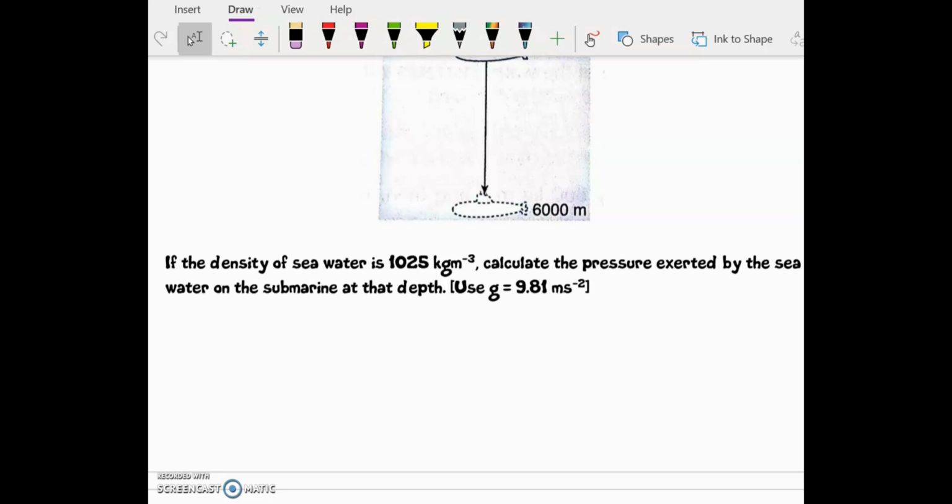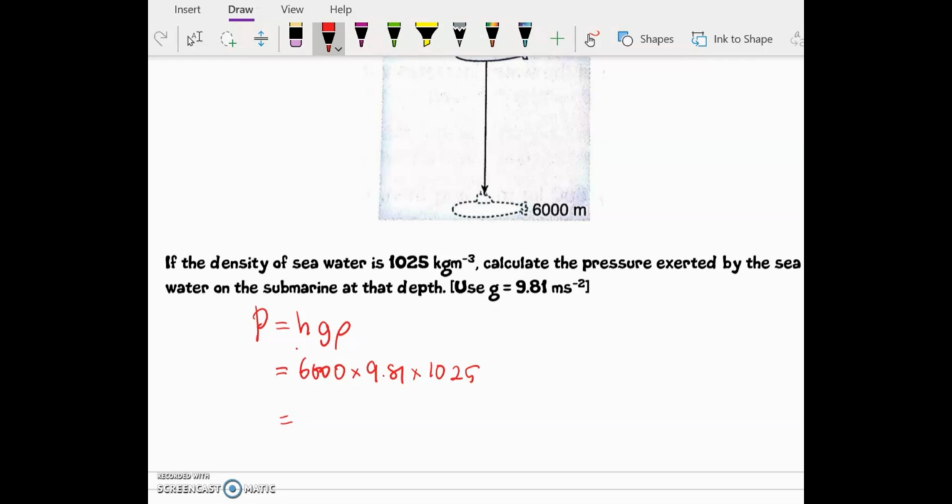The formula for liquid pressure is pressure equals height times gravitational acceleration times rho. Rho is the density of the liquid acting on the object. So height is 6,000 meter. Make sure the unit is in SI unit. Gravitational acceleration is 9.81 and density of the liquid is 1025 kilogram per meter cube.